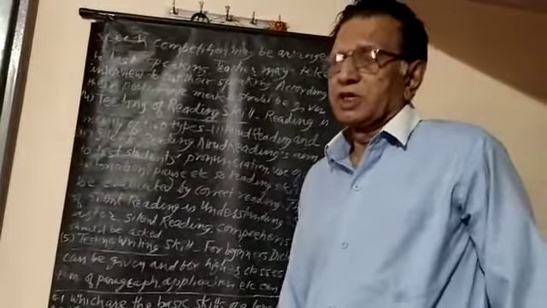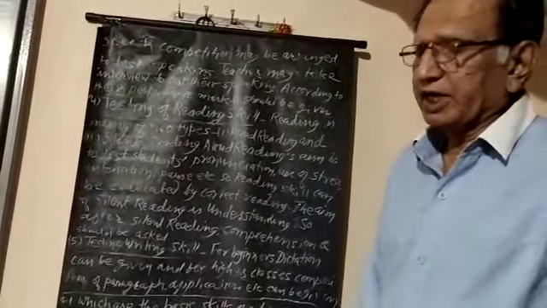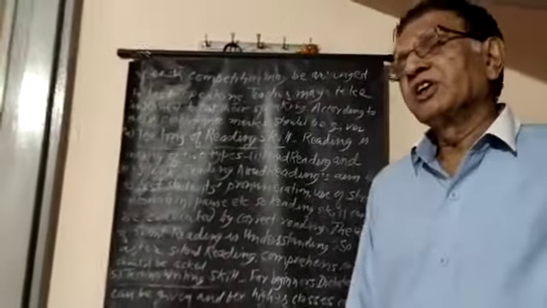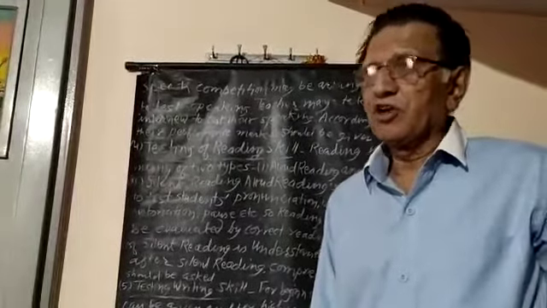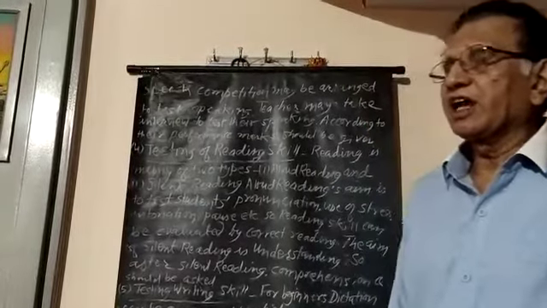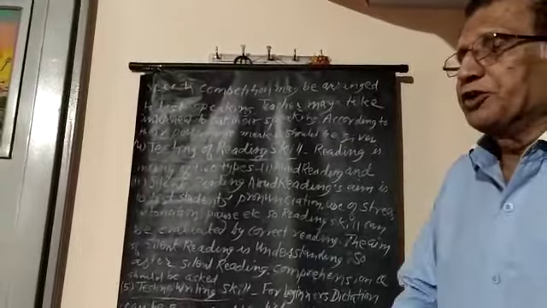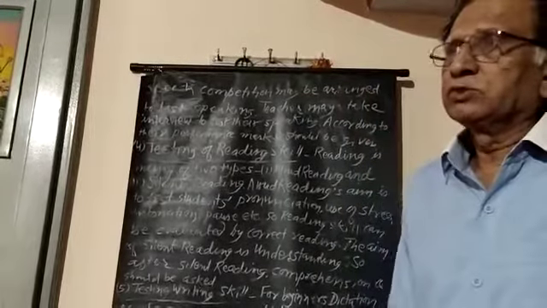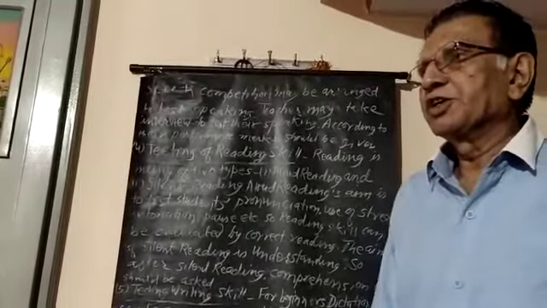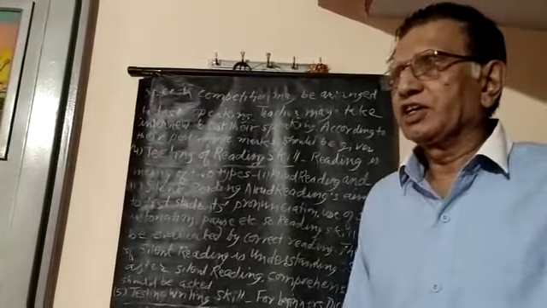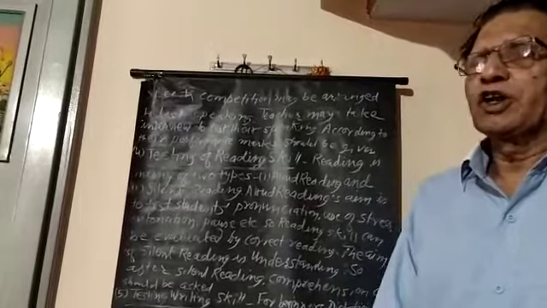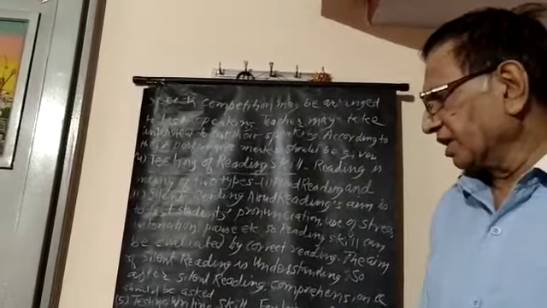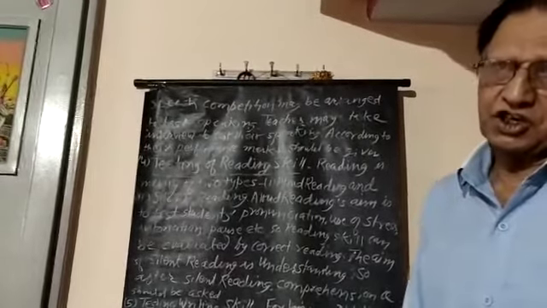And after writing the whole paragraph, he should check whether they have written correctly or not. And in higher classes, some composition can be given, to write a paragraph, to write an application, to write an essay, or to write on an article. In this way, we can check the writing skill.